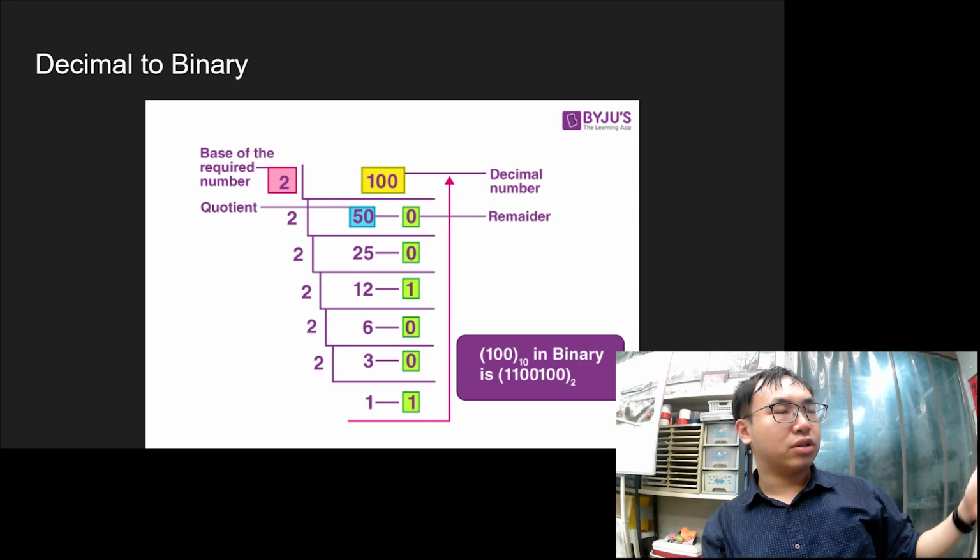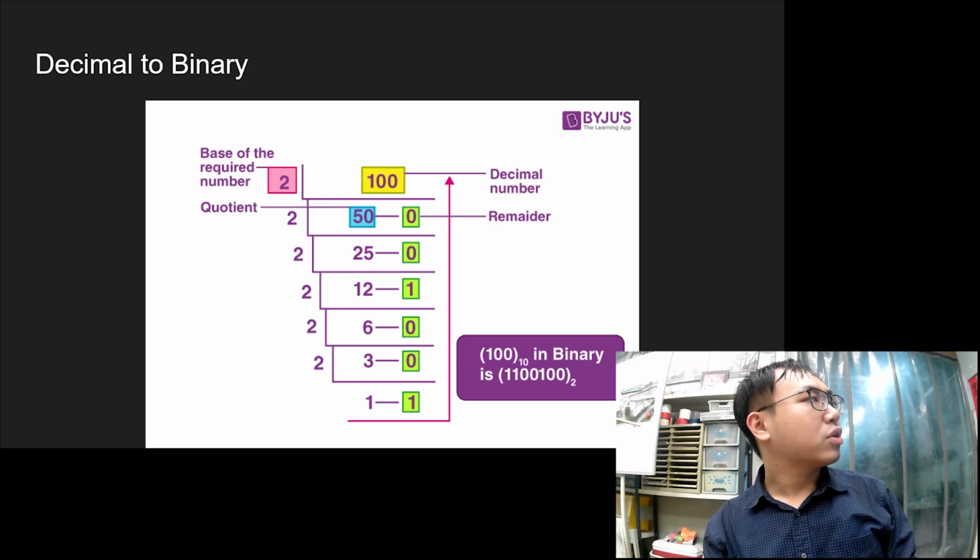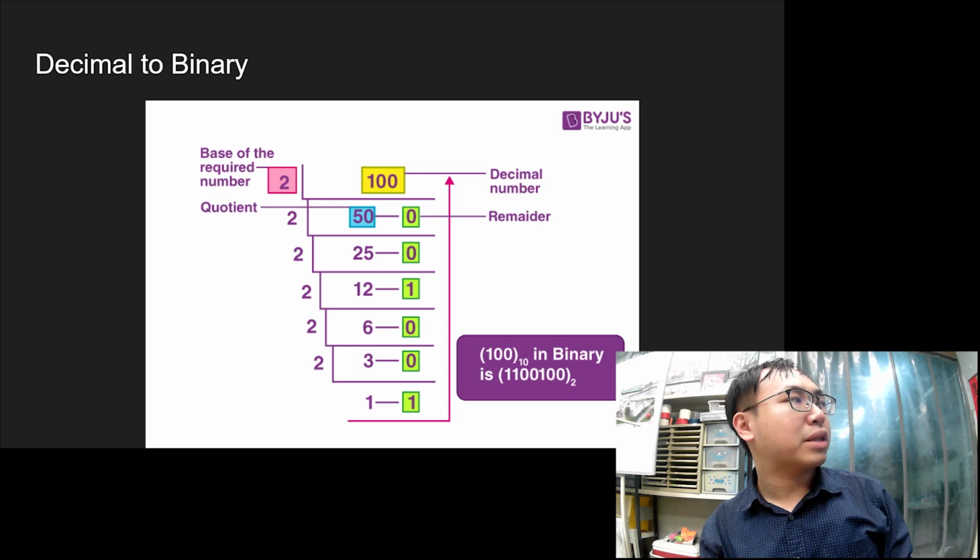Apart from using the calculator, you divide by 2. Okay, 100, you divide by 2, and do the long division until you have 1 left. Once you do the calculation, you put all the remainders together from the bottom to top.